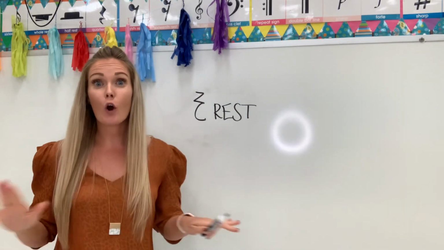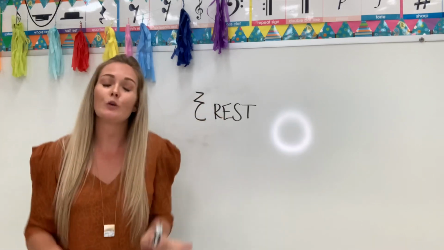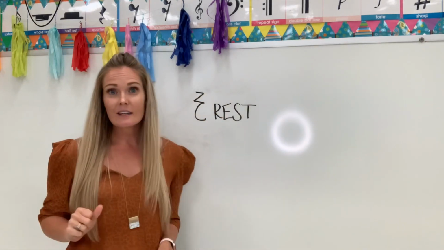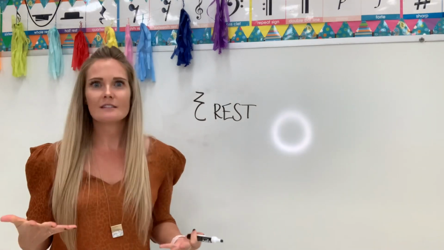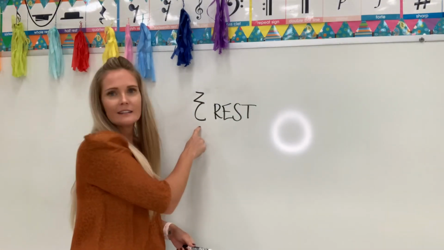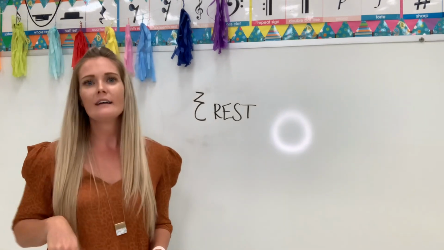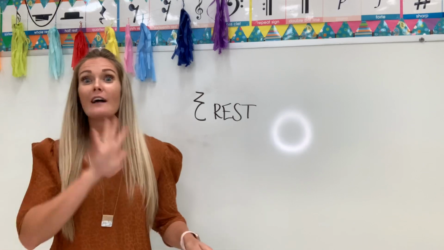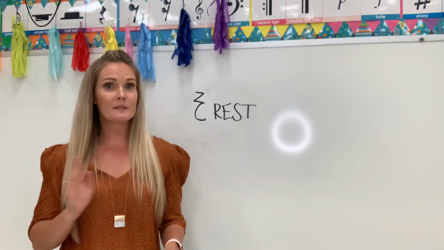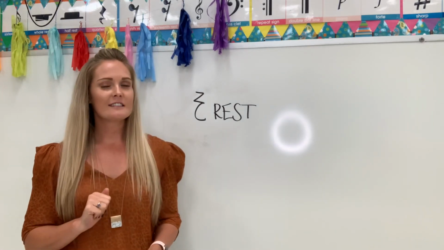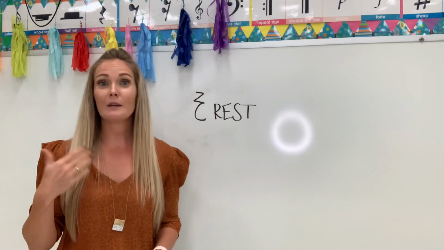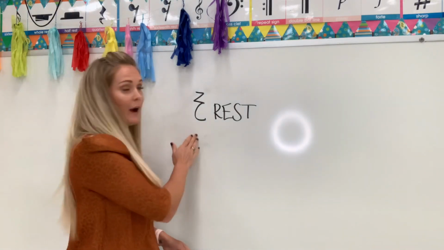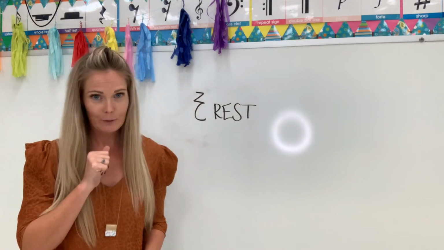It makes no sound. It's like all the sound is taking a rest and being silent. So when we see the rest, we're gonna go shh, because it means to be quiet, right? And this rest, this is a quarter rest, is only worth one silent beat. So when you see it, you just go shh one time. So now that we know all of these notes and this symbol, Miss Gutierrez is gonna put up some combinations, and I wanna see if you can say those combinations by clapping, or if there's a rest, remember we're gonna go shh. Here we go.